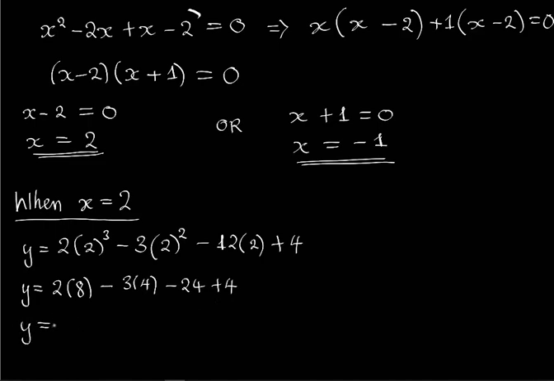So y is going to be equal to 16 minus 12 minus 24 plus 4. I've simplified this part, and that's negative 32. Negative 32 plus 16 gives us negative 16. So this is the value of y.